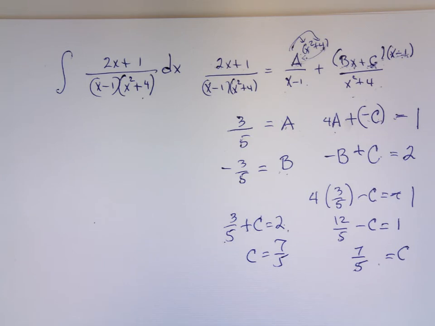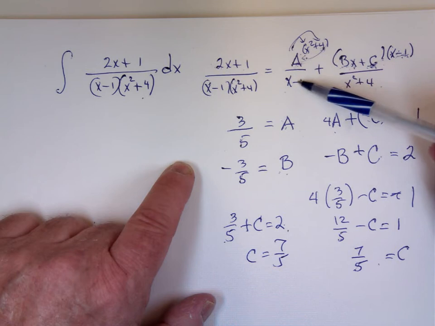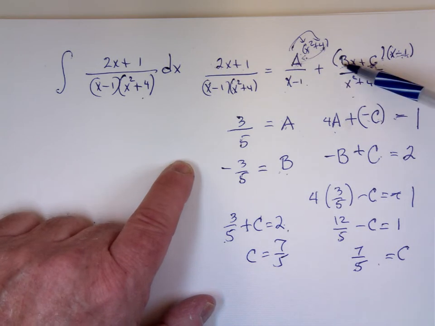I just want to point this out. The integrals that you get, I'm not going to ask you to do the integrals on this, but WebAssign may. When you have the integral of a over x minus 1, it's easy. It's 1 over u du form, natural log. When you have the bx over x squared plus 4, that's a 1 over u du form as well.